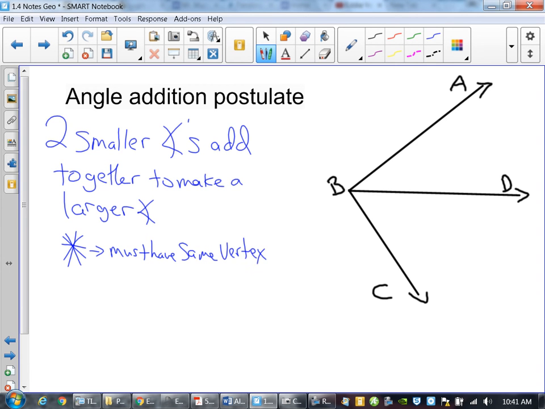That is the only thing that has to happen. Just like with segment addition, they had to be collinear. Here they have to have the same vertex. So when you think about what we did last week and into this week, we did segment addition. Angle addition is the exact same thing, but at an angle. That's it.